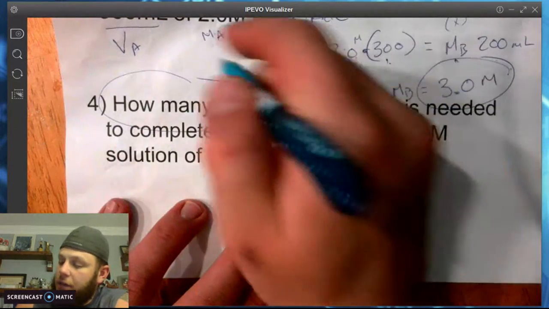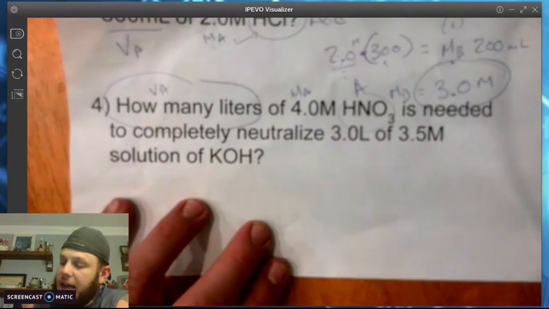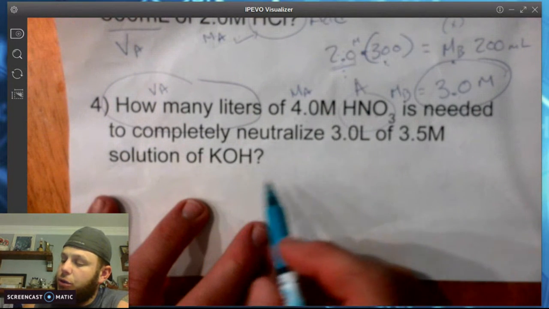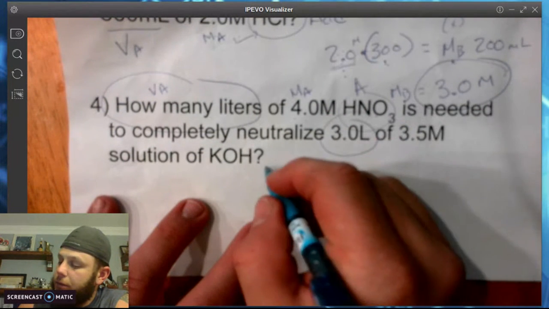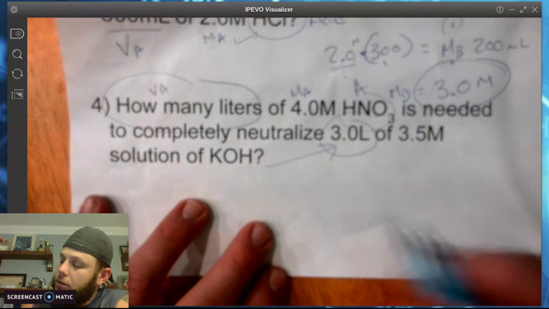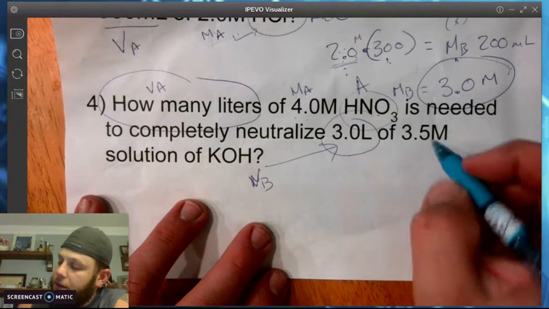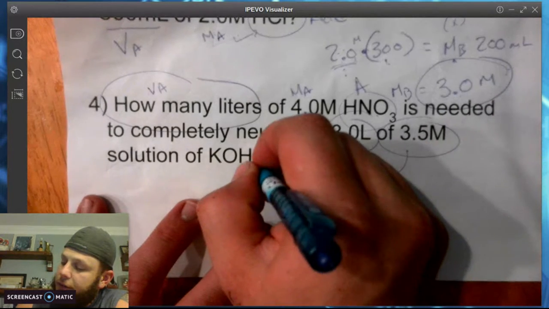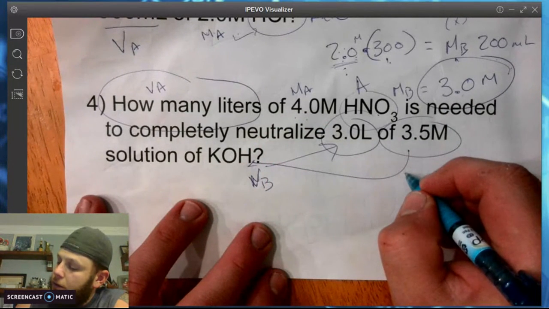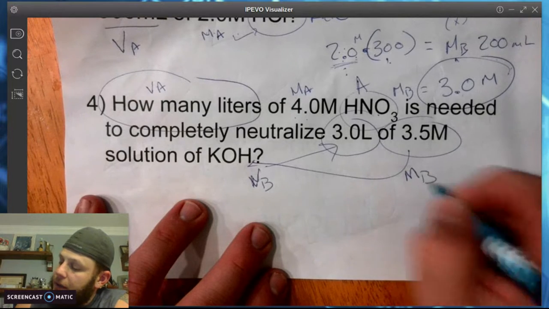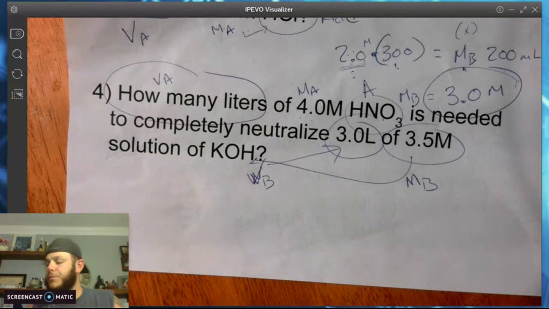How many liters of that, the volume of the acid, is needed to completely neutralize 3.0 liters, the volume of the base, of a 3.5 molarity base solution.